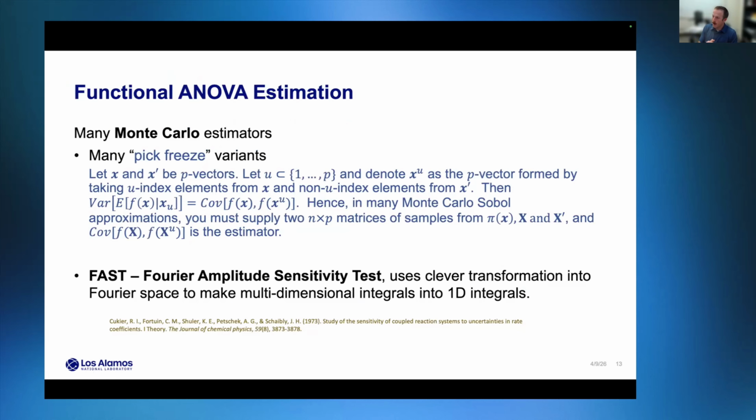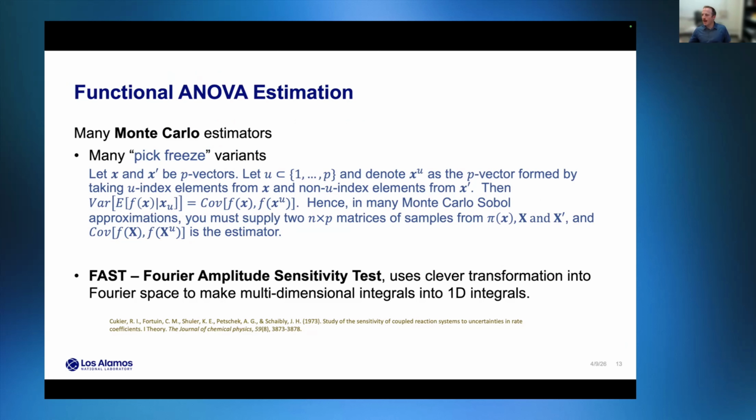There's many Monte Carlo approaches. Many of them are around this pick freeze approach, it's called. I won't go into that, but it's essentially that you can estimate the variance of the conditional expectation by taking the covariance of two sets of evaluations of the function if you do it in a smart way.